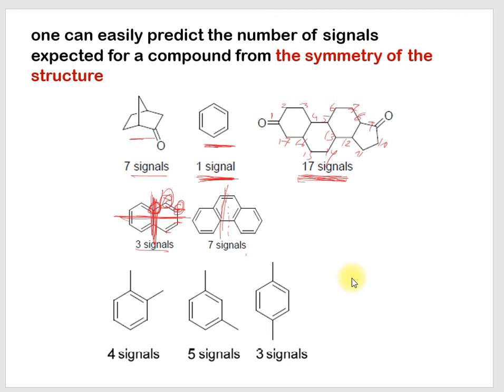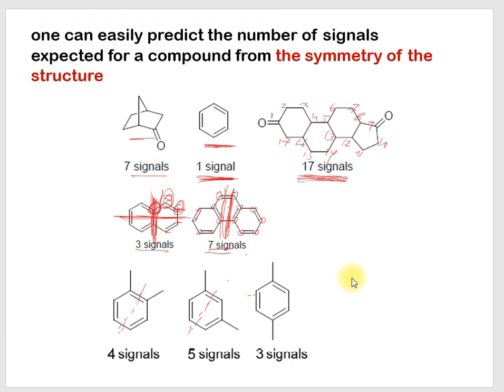You can count the number of carbons, 1 2 3 4 5 6 7, and on the other side also 1 2 3 4 5 6 7, so 7 signals. Like that you can predict the number of signals for any molecule by looking at the symmetry.